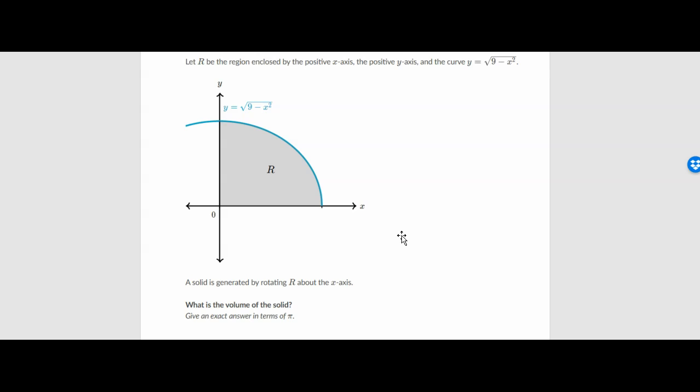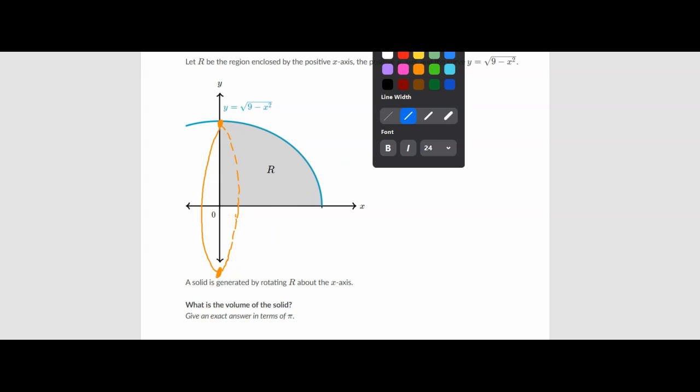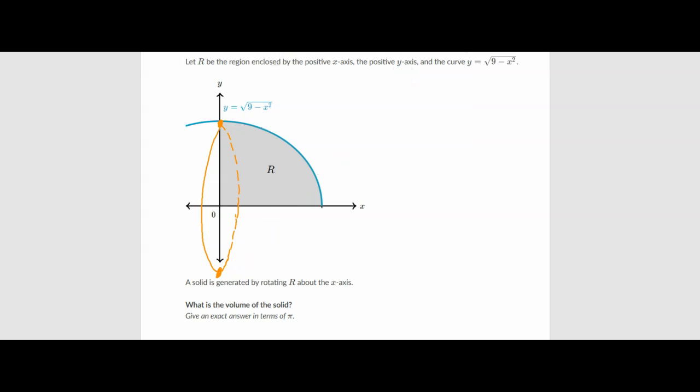Well, I think we understand, or maybe we start to have an idea of what this solid is going to look like. Right? I'm going to take a point on the curve, and I'm going to rotate it around the x-axis. Come back up. There's one of my disks. There's another one.